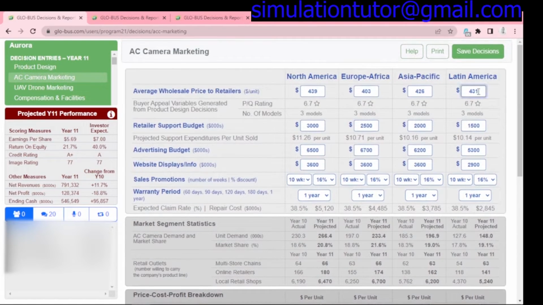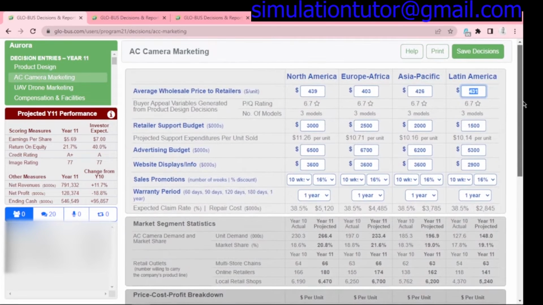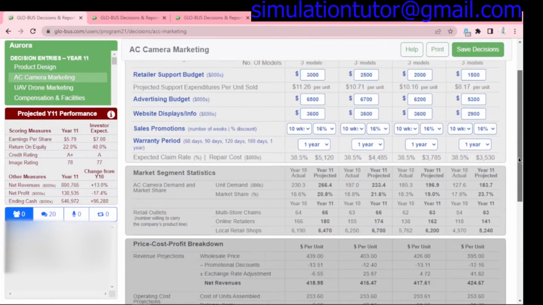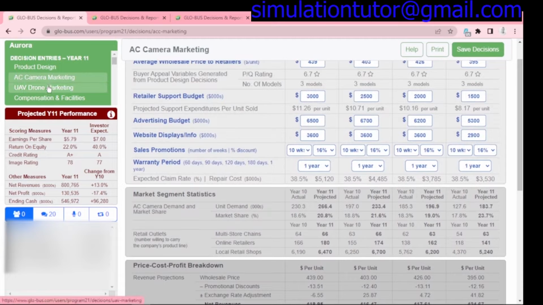Sorry, so it's 431 less 35. We have about 396. So let's do 395, a price of about 395. I think that's a fair decision for the AC camera marketing page.